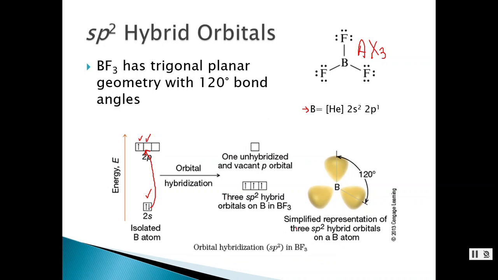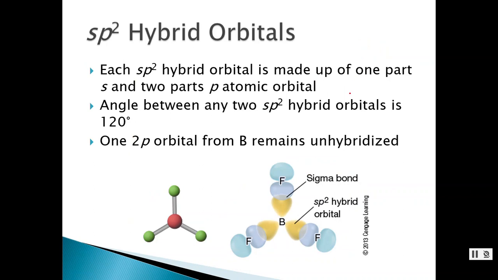So these sp2 hybrid orbitals can explain and support what we see with VSEPR notation and the Lewis dot structure. And that's shown here where we see boron and its sp2 orbital overlapping with the p electron in fluorine in that atomic orbital.